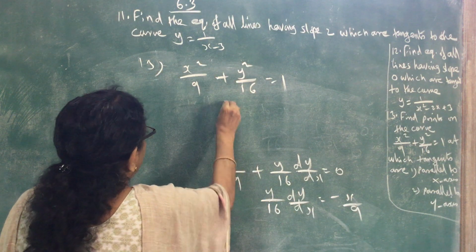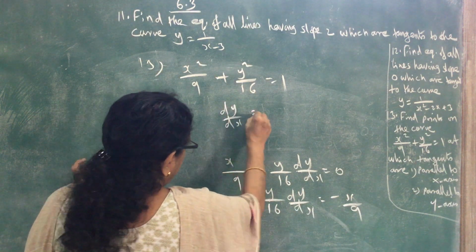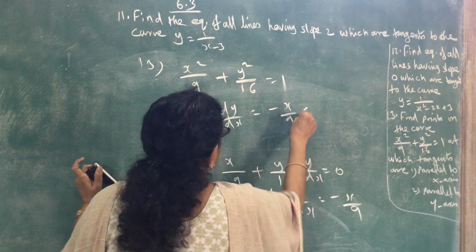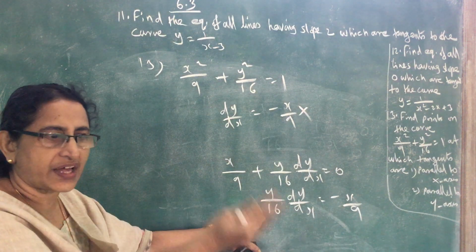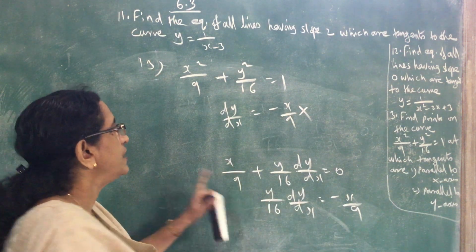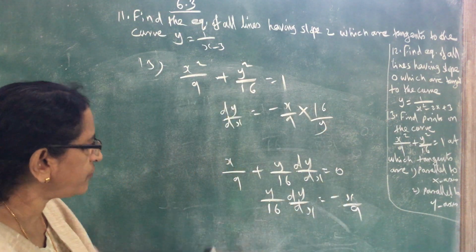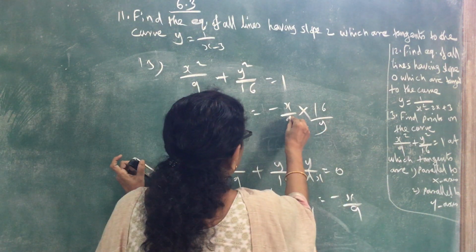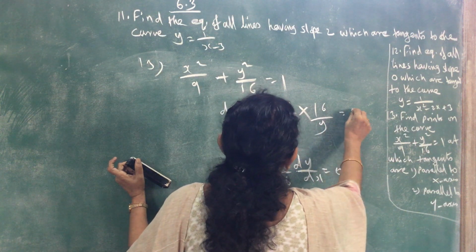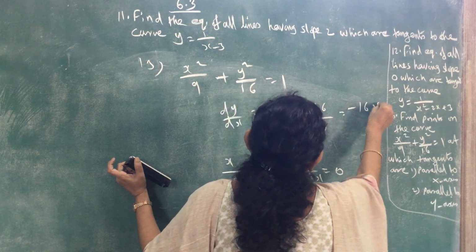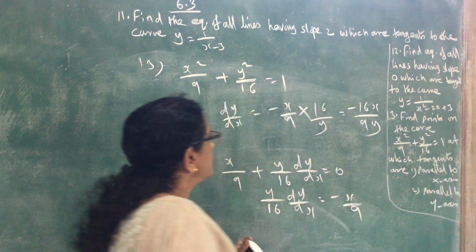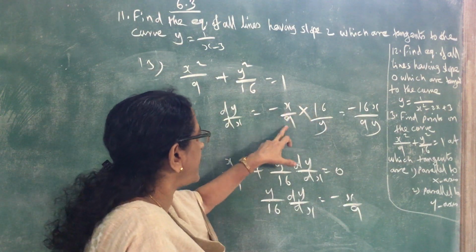Therefore dy by dx is equal to minus x by 9 into y by 16 taken to the other side, so multiply by the reciprocal, into 16 by y. So that is equal to minus 16x divided by 9y.